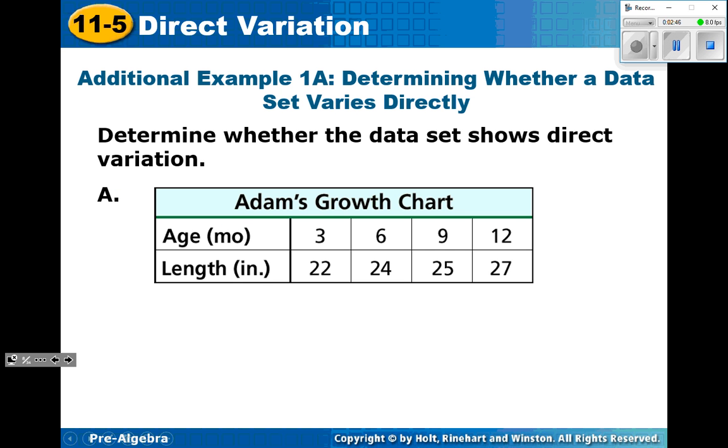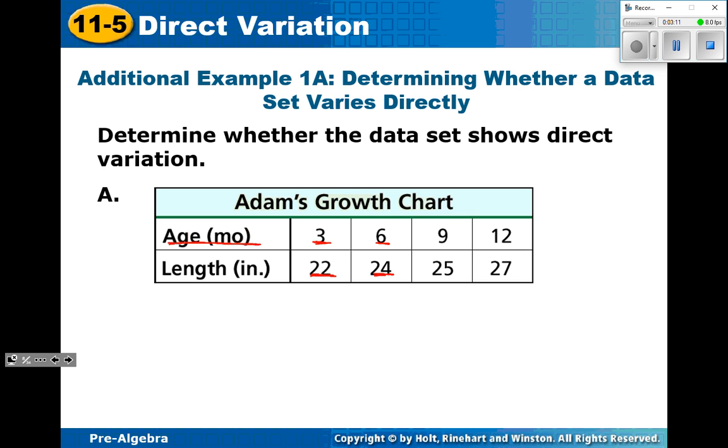This example says, determine whether the data set shows direct variation. So Adam's growth chart is what this is about, and how old Adam is in months. When he's 3 months old, he's 22 inches long. When he's 6 months old, he's 24 inches long, and so on and so forth.